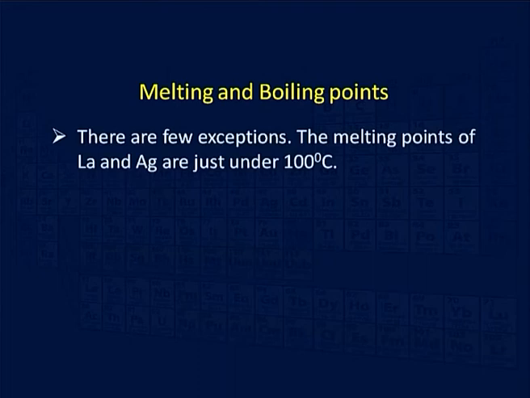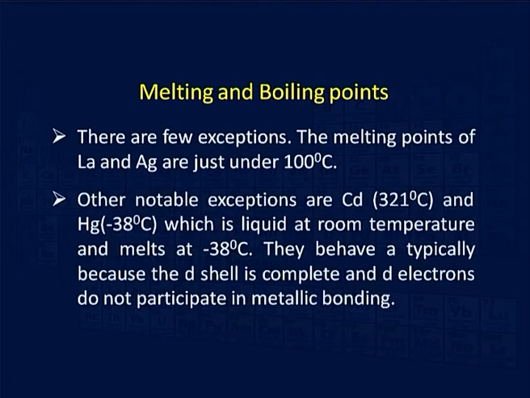There are a few exceptions, of course, particularly lanthanum and silver, which melt almost below 100 degrees centigrade. There are notable exceptions for cadmium, which has a melting point of 321 degrees centigrade, and for mercury, with a melting point of -38 degrees centigrade.